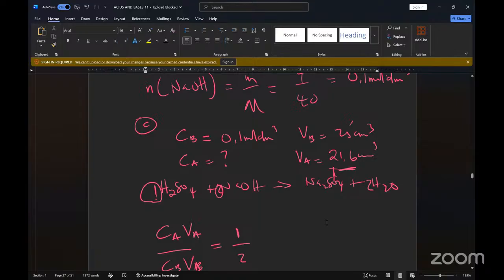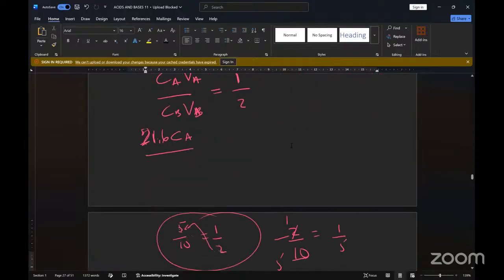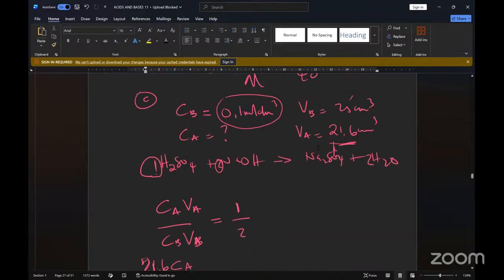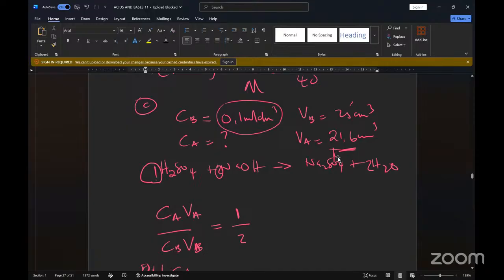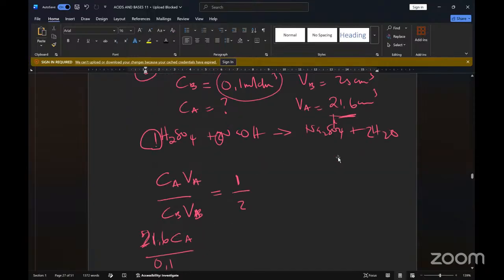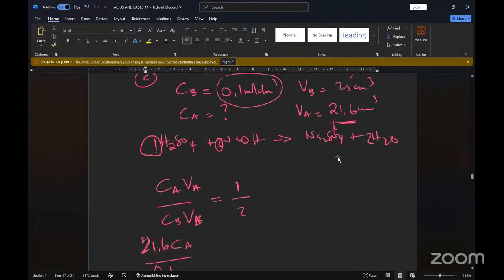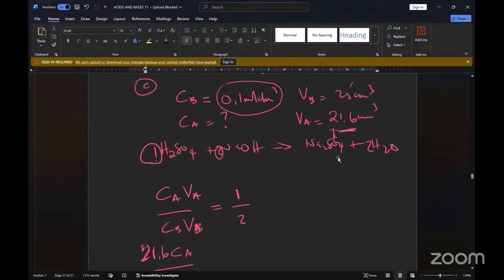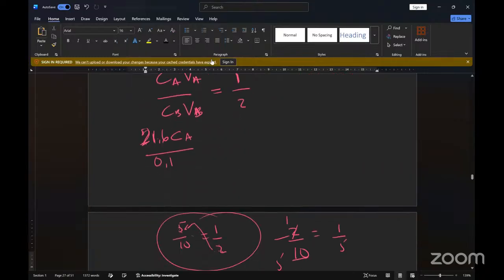The concentration of the base is 0,1, times its volume, which is 25 centimeters cube. So times 25 must be equal to 1/2. So the rest is mathematics.